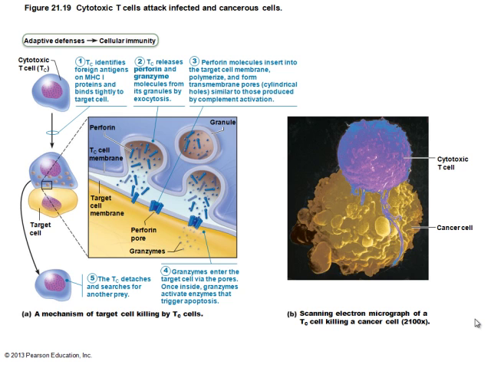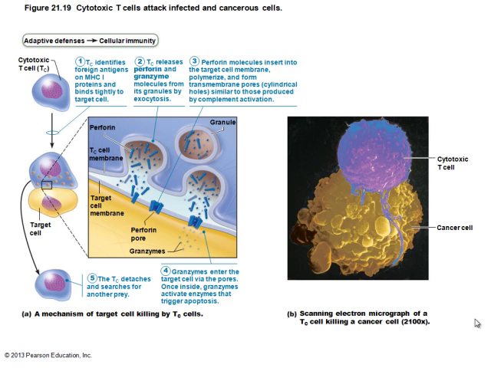Not only does it poke holes in things, but it allows the entry of something called a granzyme. And a granzyme is going to actually trigger the cell to go into apoptosis, or programmed cell death. So cytotoxic T cells can poke holes in things, and then they can inject granzymes, which will induce apoptosis.